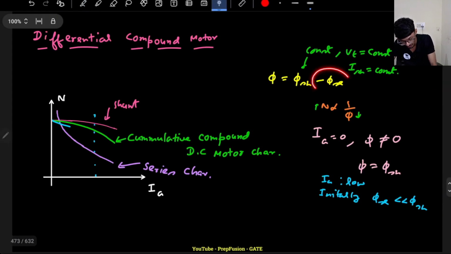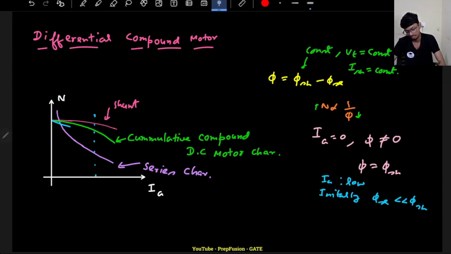Because here there is subtraction. This flux phi sh will be constant, and phi ac will increase very slightly, but it does not matter. The flux will be almost constant, so the speed will reduce if the load is increasing.